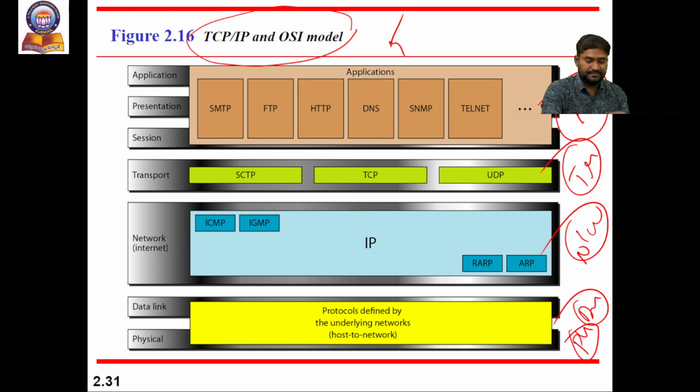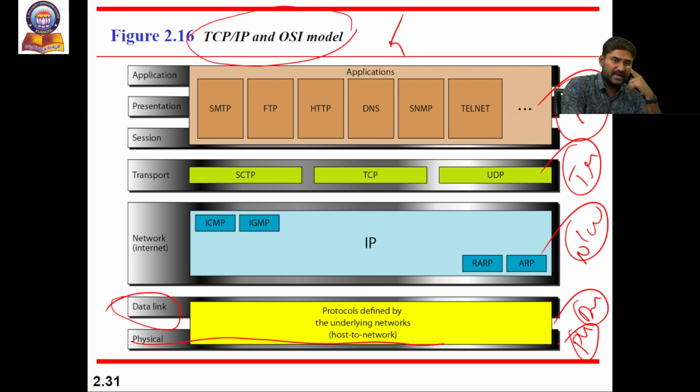Whatever the process and mechanisms we do at the physical layer, the same process we do in the physical layer of TCP/IP. And the same thing, whatever mechanisms we do at the data link layer, the same processes we do at the data link layer here.